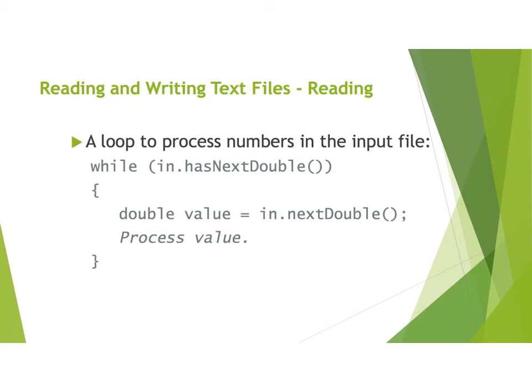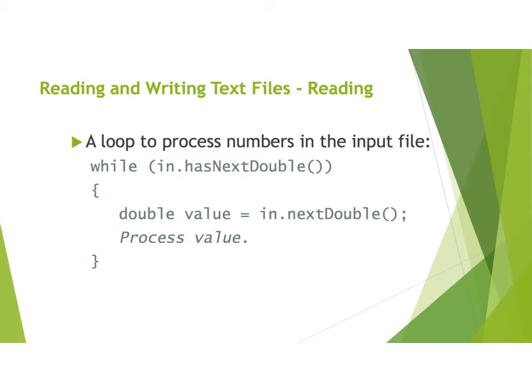Here is an example of reading from a text file and iterating over a set of numbers that are in a text file, and you want to read them using the Scanner that you defined in the previous slide.